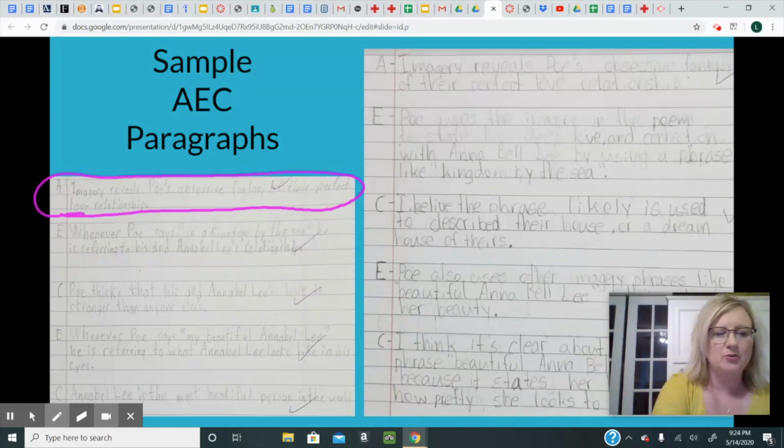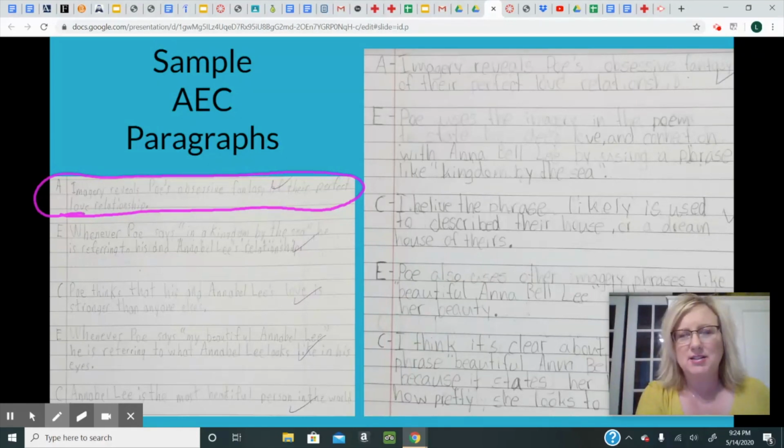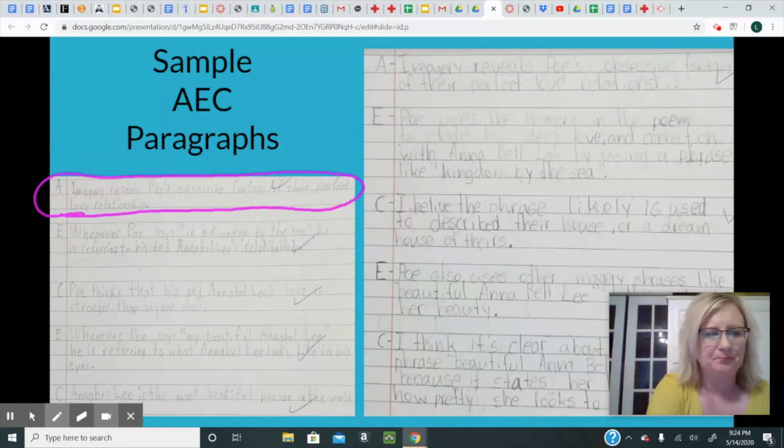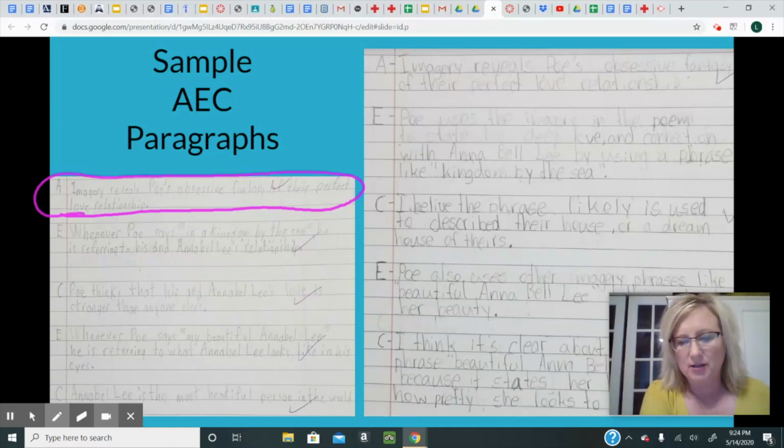They didn't worry that they were going in the wrong direction. So they wrote, now our last thesis statement, I believe, did not include imagery. So we added that in to give them something besides diction or repetition to talk about, since there were so many good examples. So we wrote a topic sentence about imagery in the poem Annabelle Lee by Edgar Allan Poe.